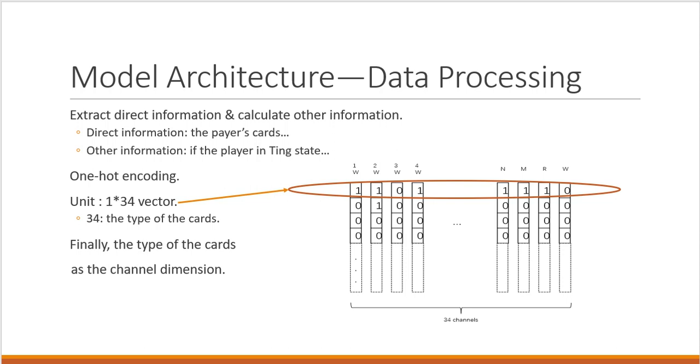Then this information is mapped to a matrix according to one-hot encoding. The basic unit of the input is a vector with 34 dimensions. Each dimension stands for a type of card, just as shown in this figure. Finally, notice that we make the 34 the channel dimension, which got better performance compared to a single channel.